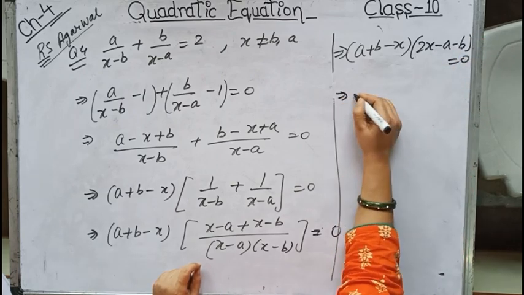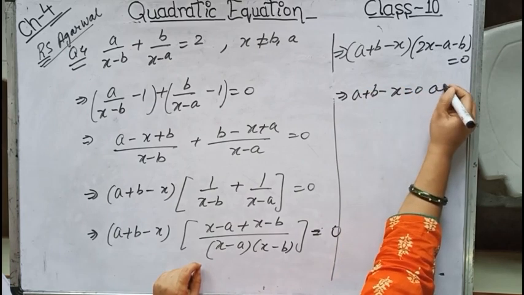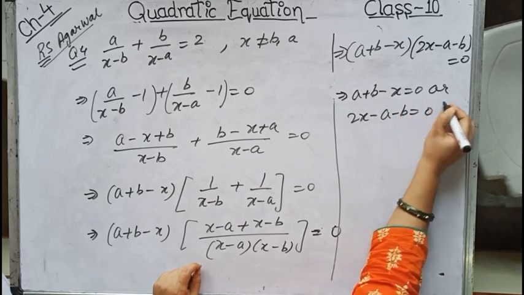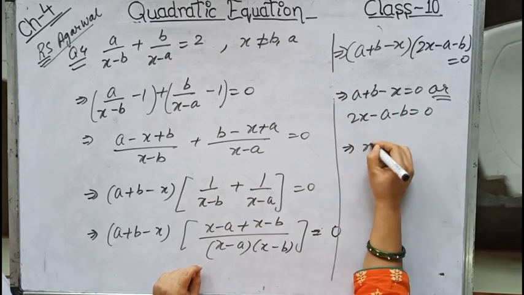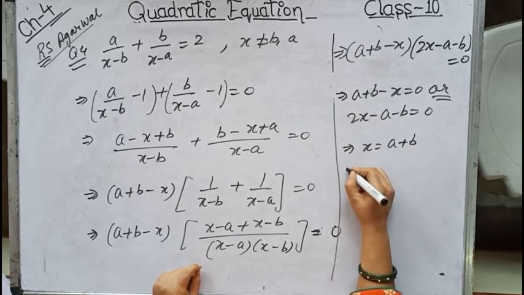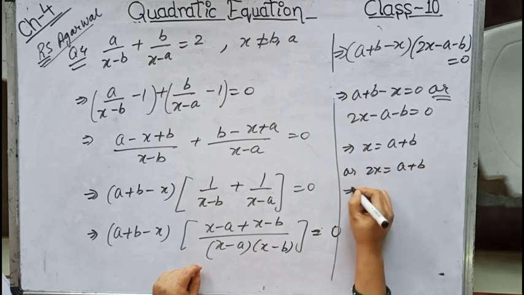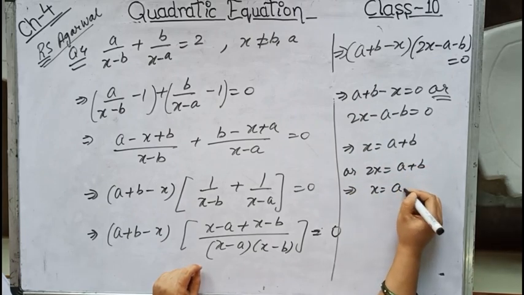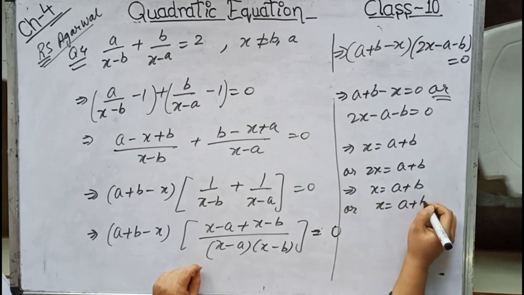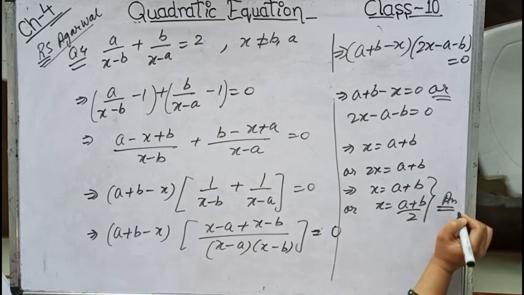Now this implies a plus b minus x equals 0, or 2x minus a minus b equals 0. This implies x equals a plus b, or 2x equals a plus b, so x equals (a plus b) by 2. And this is the answer.